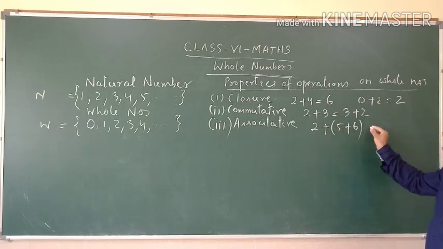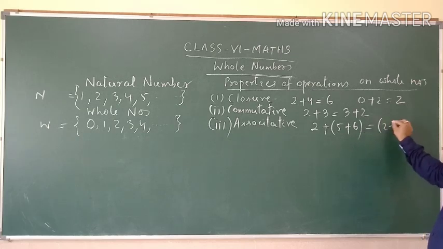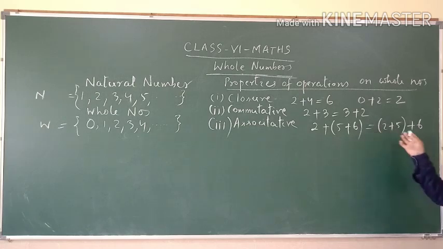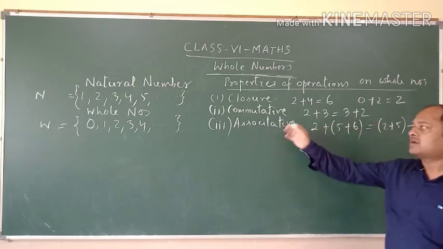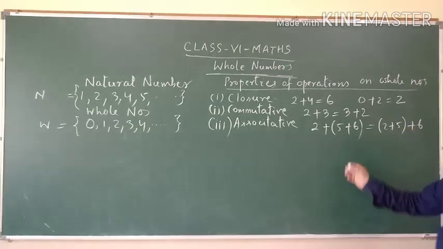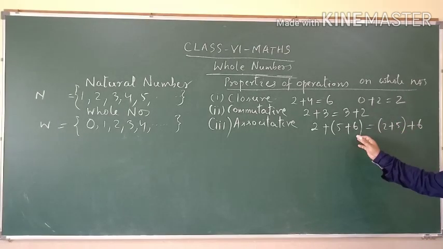So (2 plus 5) plus 6 equal to 2 plus (5 plus 6). I can group them differently, but the result will be the same in both cases, left hand side equal to right hand side. This is called the associative property because the result on both sides is the same.